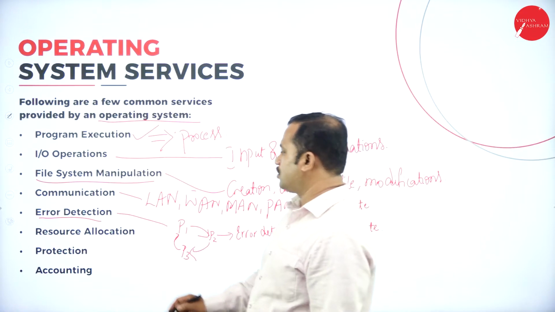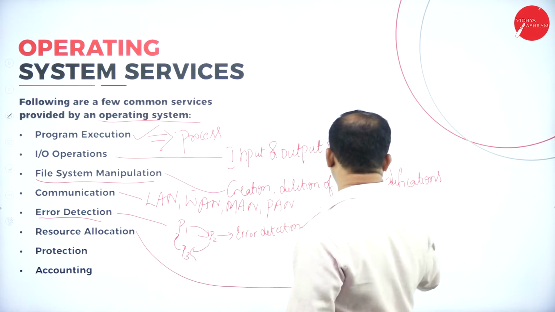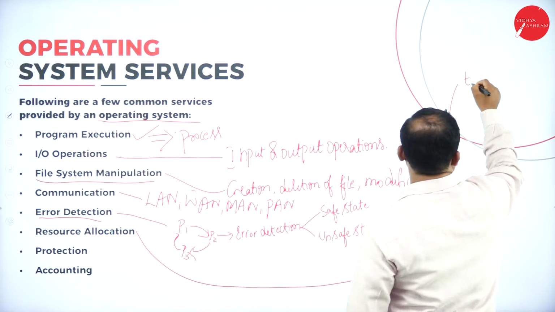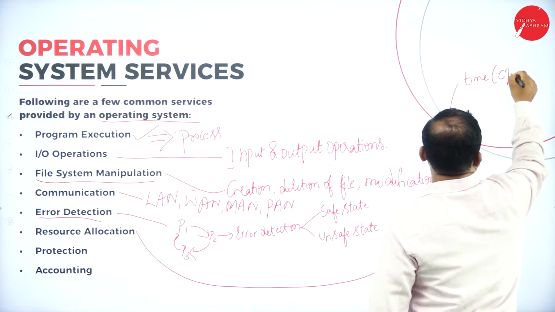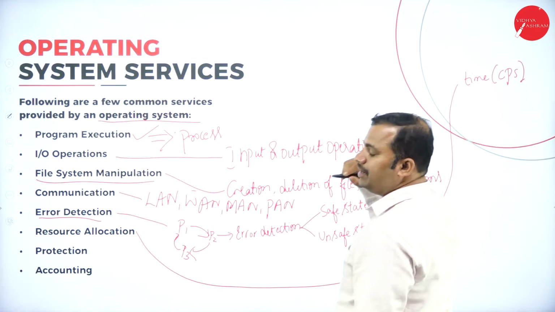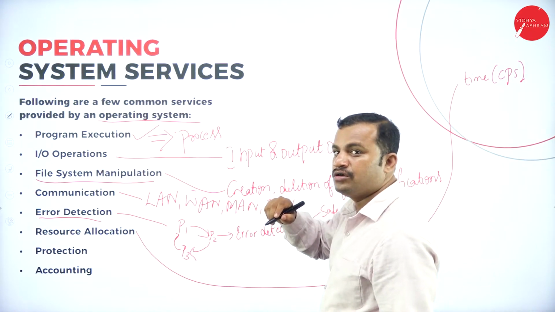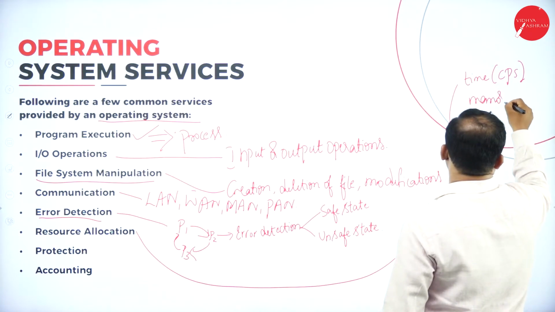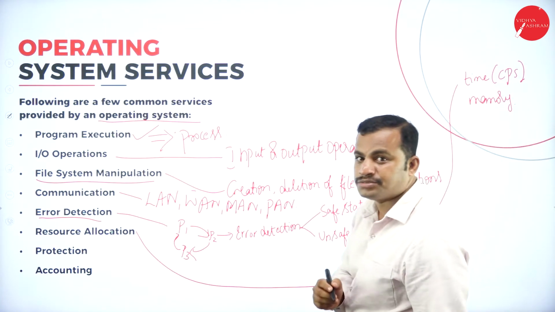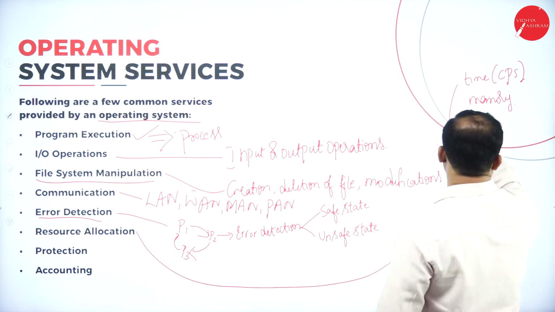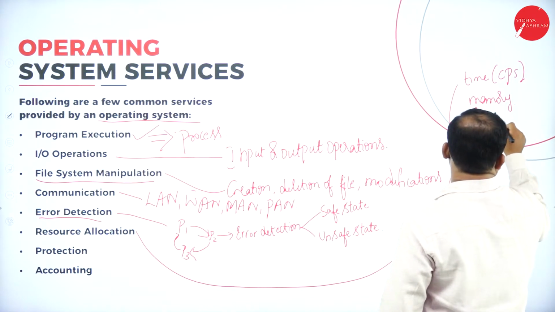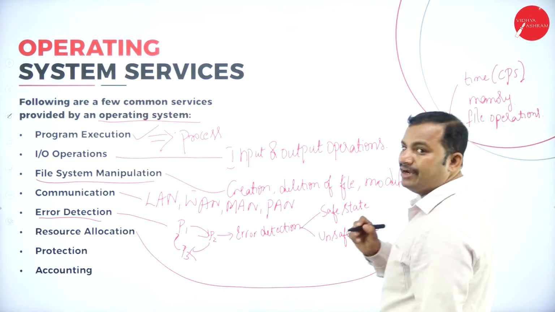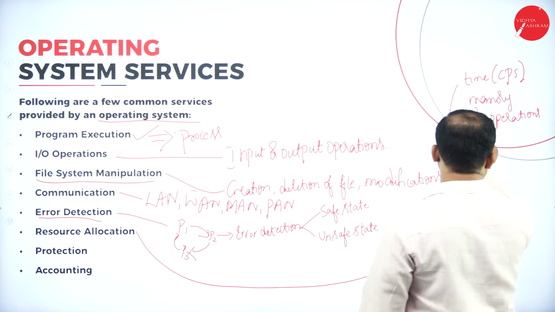Then resource allocation. What is the type of resource allocation? Whether it may be in terms of time or cycles per second, or it may be in terms of memory, or it may be in terms of file operations, or it may be in terms of IO operations.